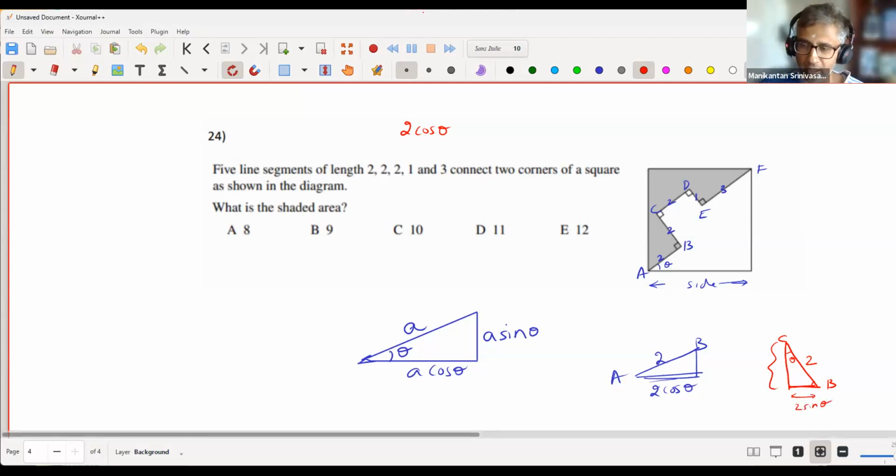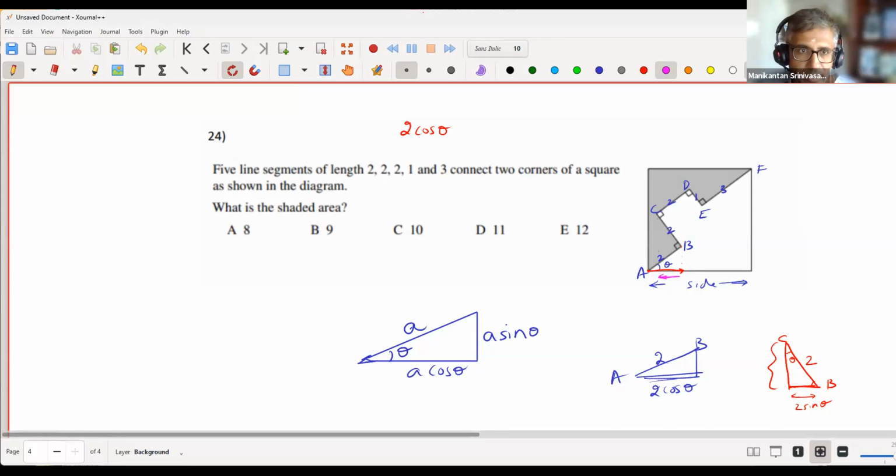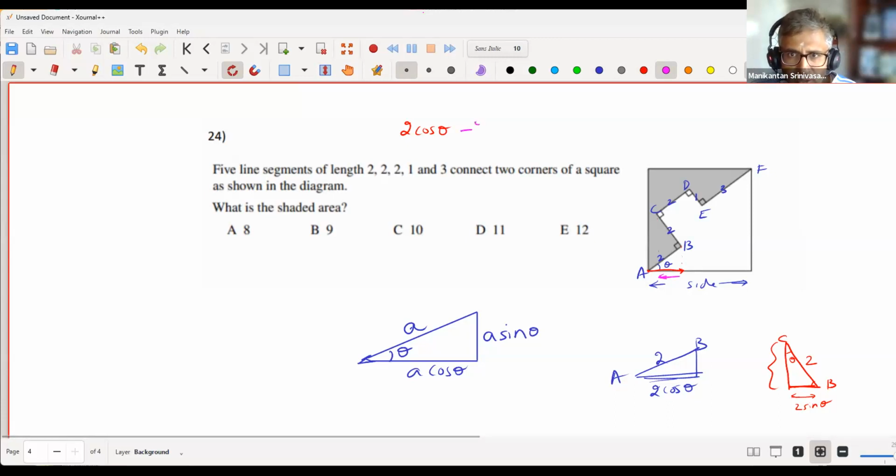You can see the projections on the X and Y axis are either going to be sine theta or cos theta. If I'm traveling from A along the horizontal direction, so far I've reached till here. Now I'm going back a little bit by 2 sine theta to land up here. Are you with me? So minus 2 sine theta.